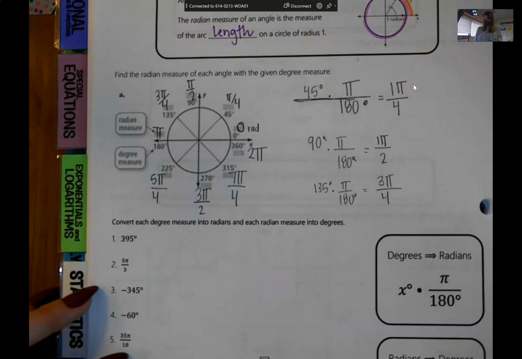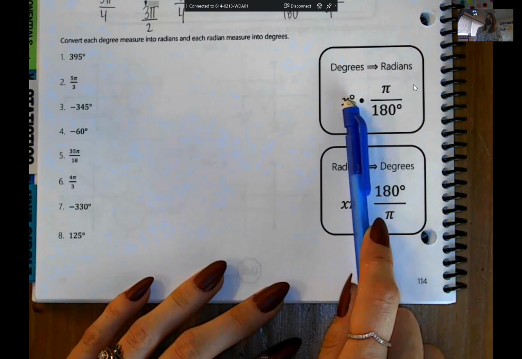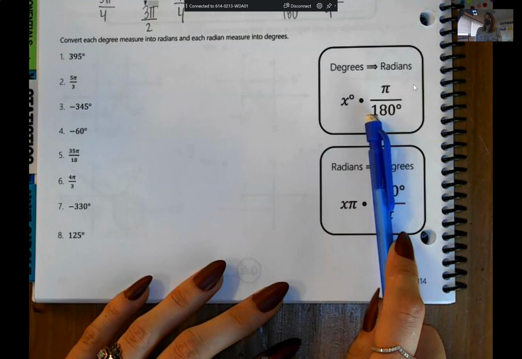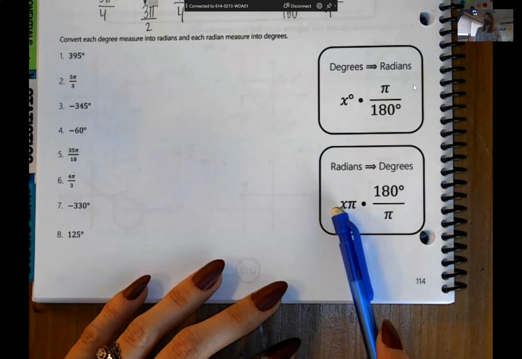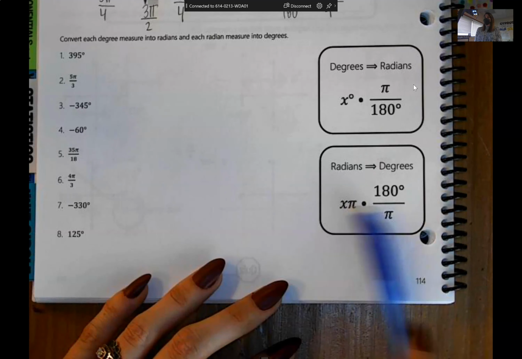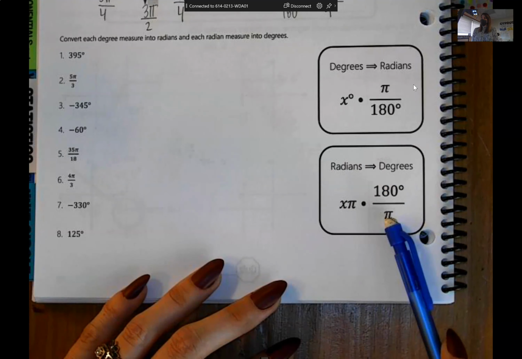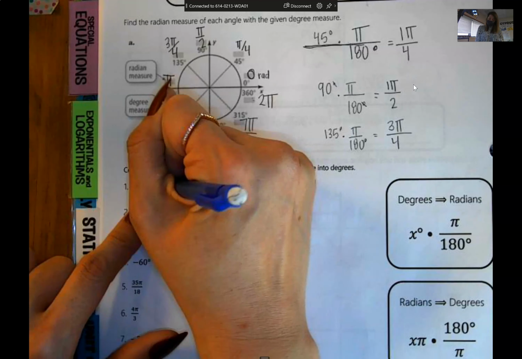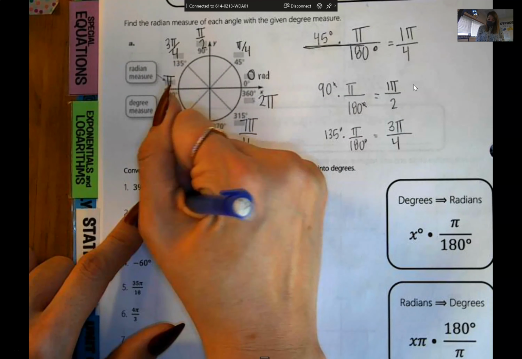So these are our conversion factors. If you start with a degree, you can change it to radians by doing what we just did. If you start with radians, you can change it by doing something very similar. You just switch the degree and the pi. So 395, we would just do times pi over 180.